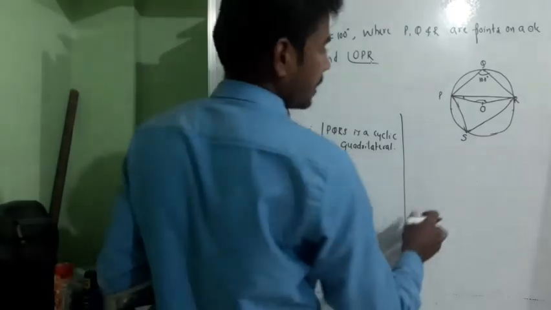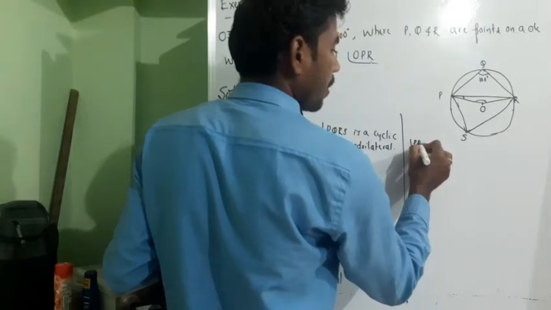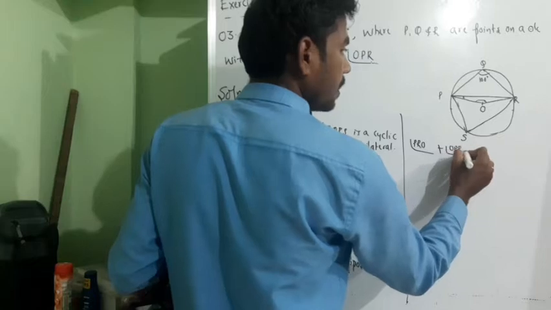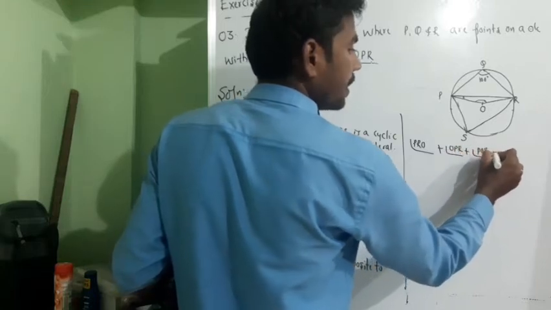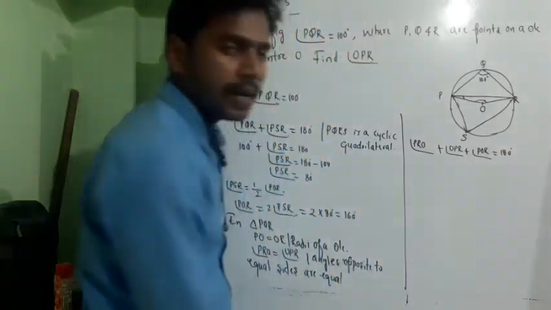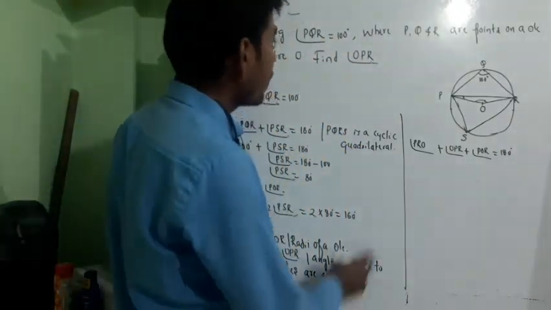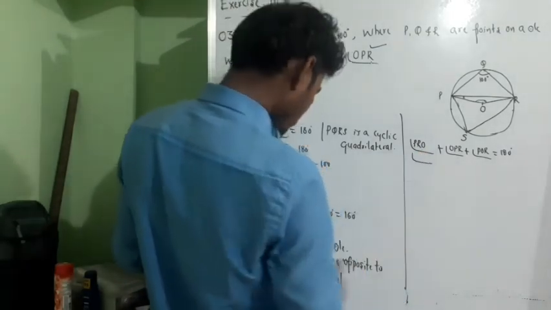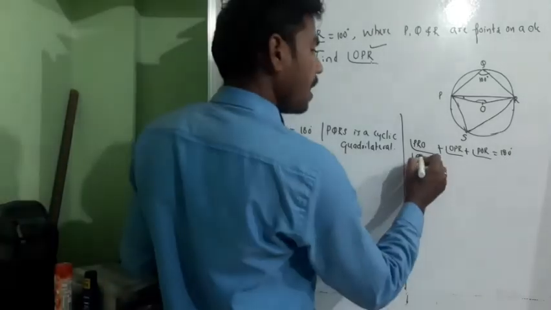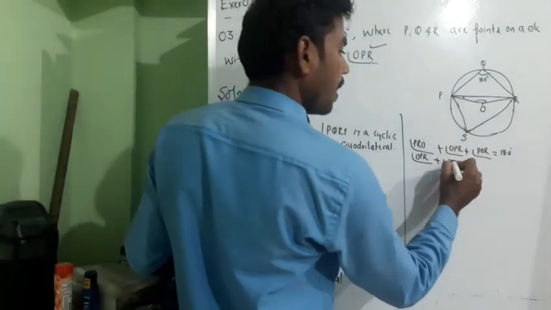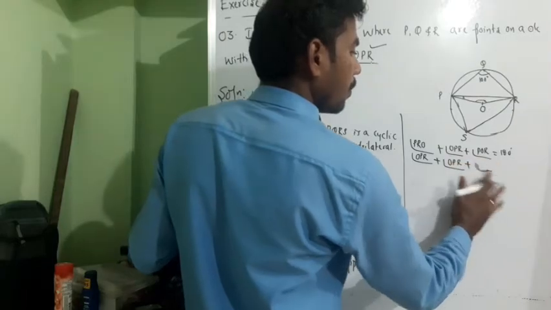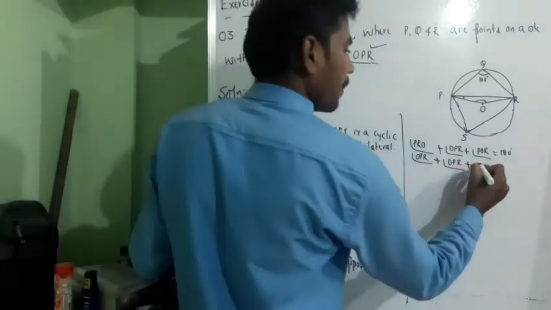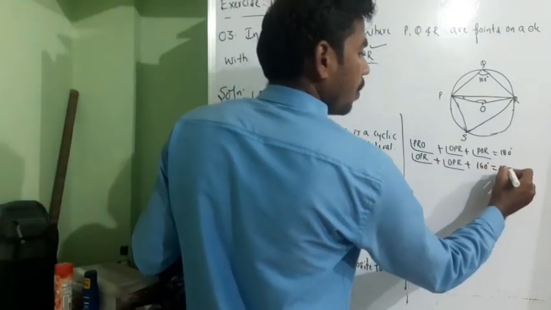So angle PRO plus angle OPR plus angle POR is equal to 180 degree. This is the angle sum property of a triangle. We need to calculate OPR. We'll write PRO in terms of OPR. Because PRO is equal to OPR, OPR plus OPR plus POR, and POR we just calculated is 160 degree, is equal to 180 degree.